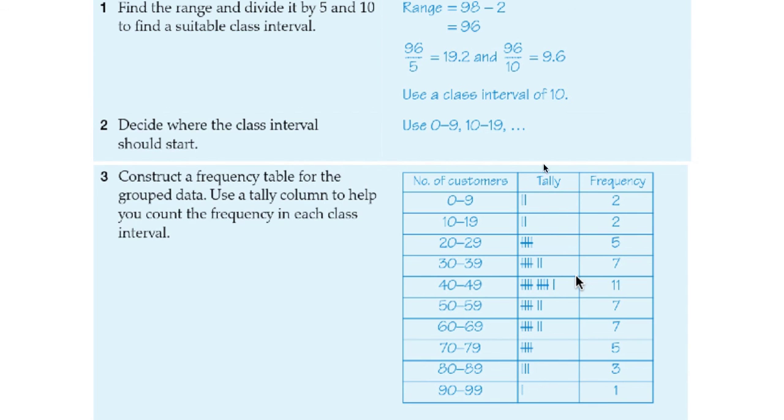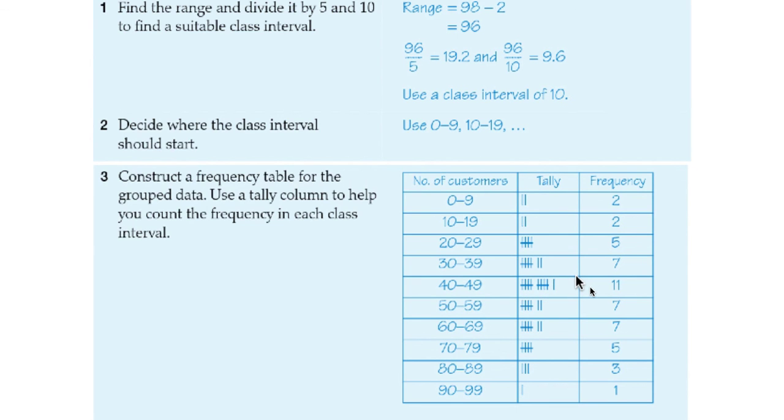Once we've tallied up all our data, we then count them, and there is the completion of our frequency table. You've probably done this in previous years. Remember, when you have 4 lines together, you do your 5th line going across, and it's easy to work out, like in this case, that's 5, and 1 makes 11.